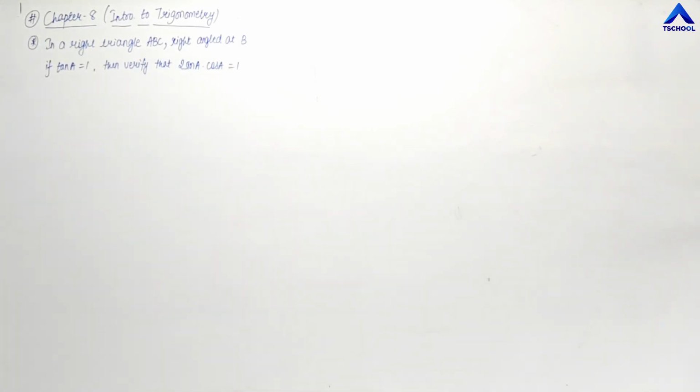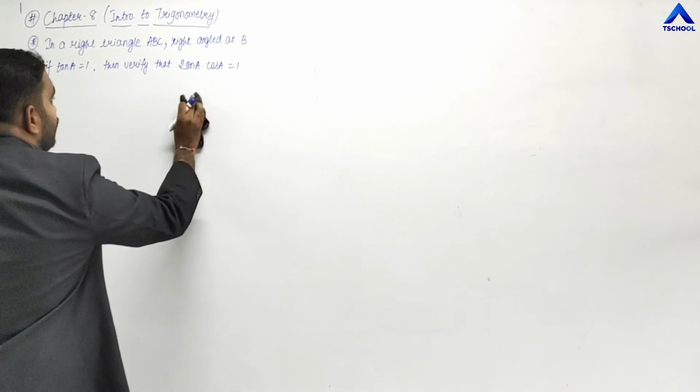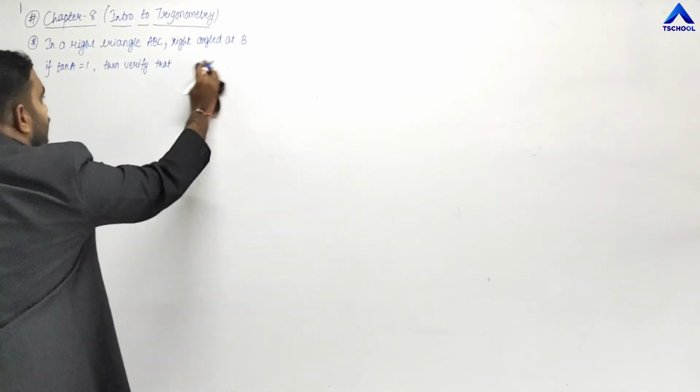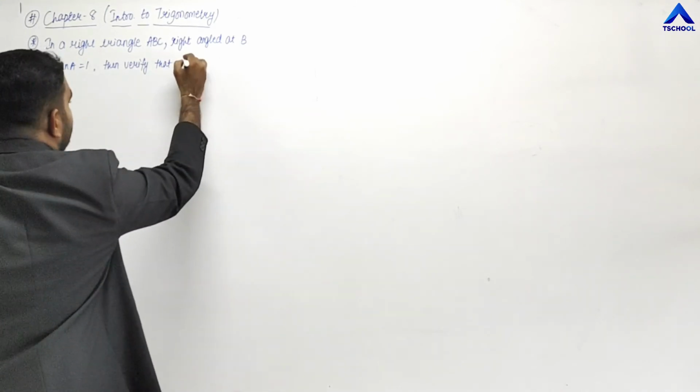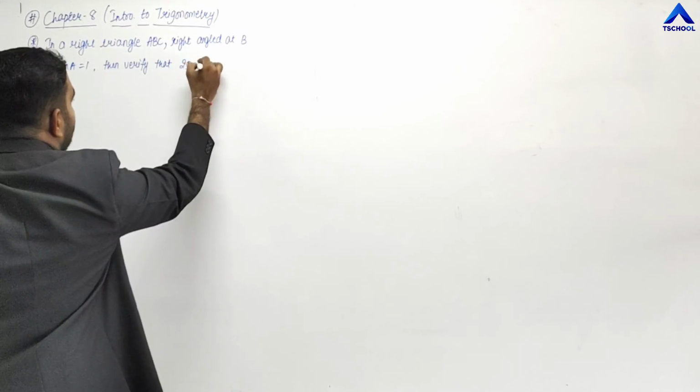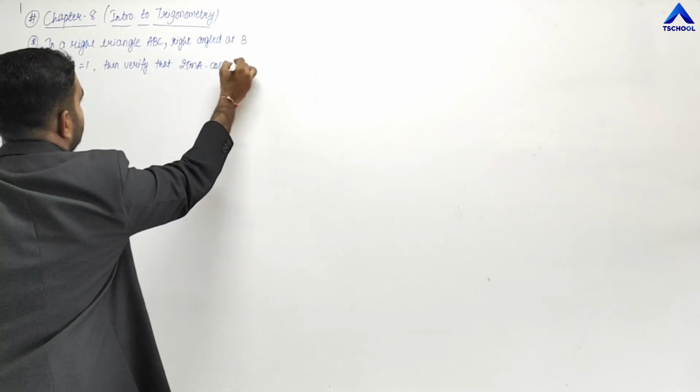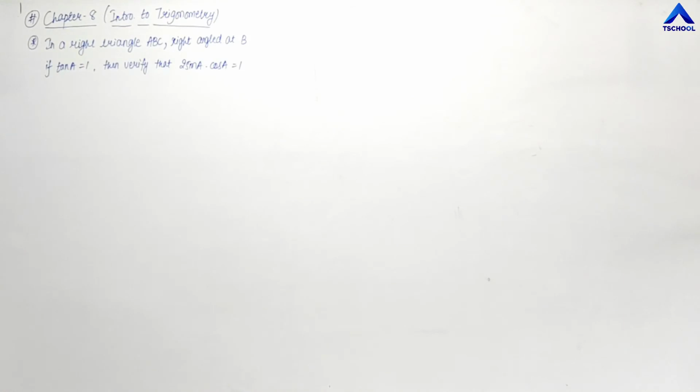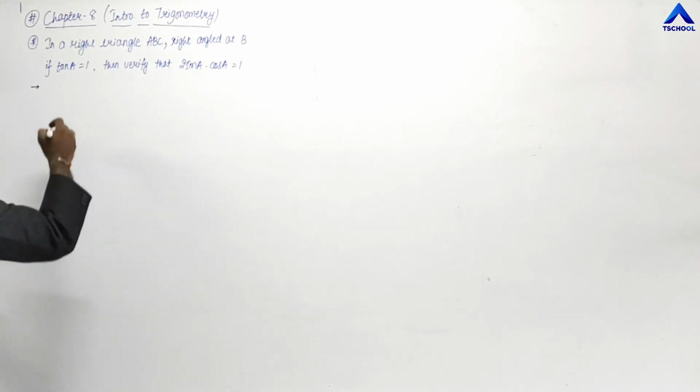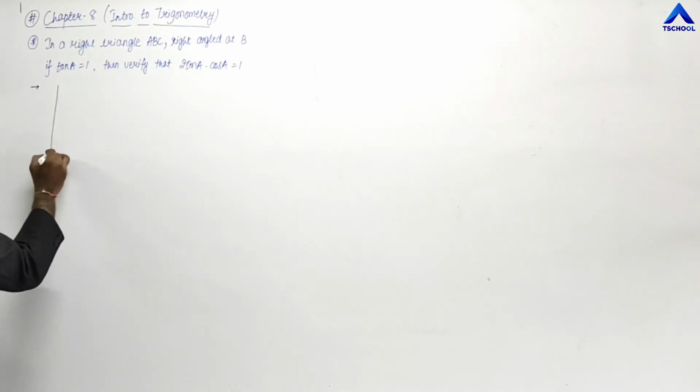We need to verify that 2 sin A into cos A is equal to 1 for the given condition. So first of all, let us draw the triangle here.